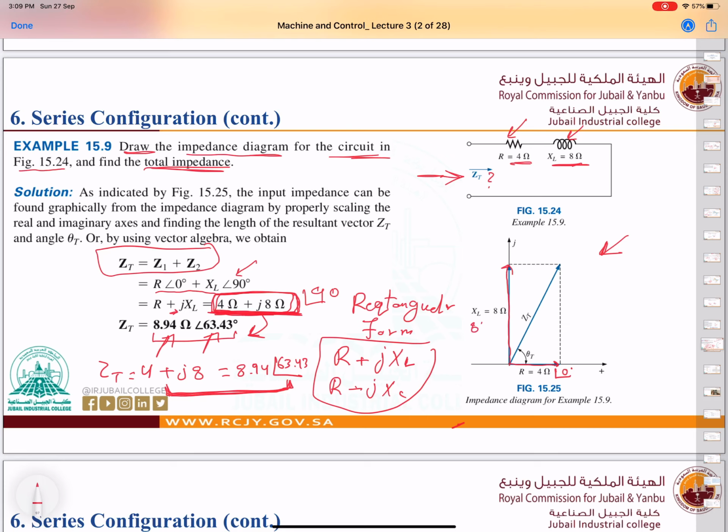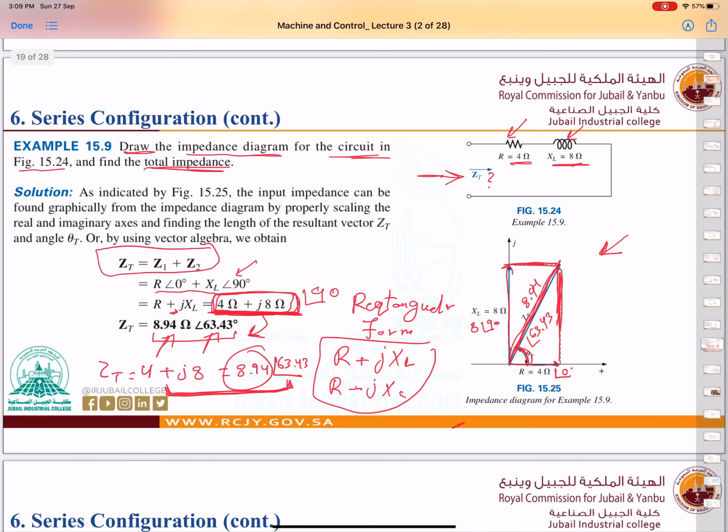So it is 8 with angle 90. And this is the Z total, which is 8.94 with angle 63.43. Is it clear?